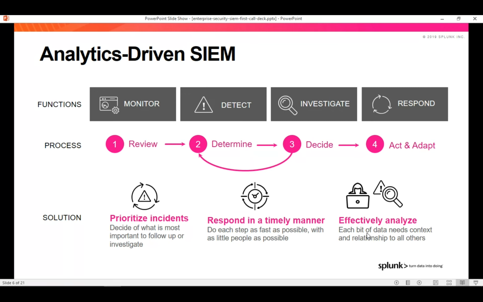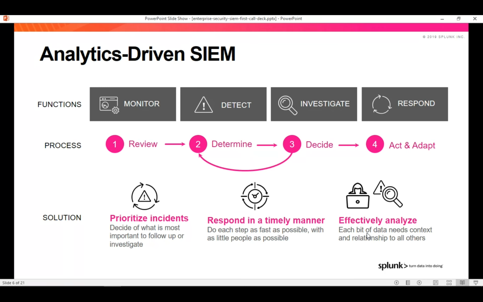So analytics-driven SIEM tries to offload the response or action part in an incident investigation or incident response, partially or fully, based upon scripts. So they try to automate the actions rather than admins or analysts doing it manually.